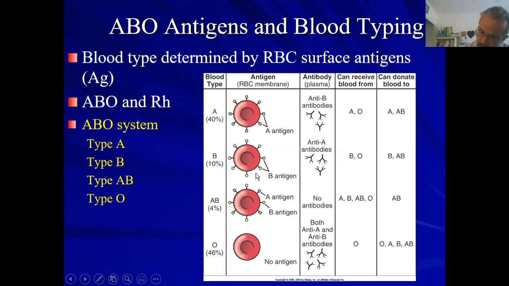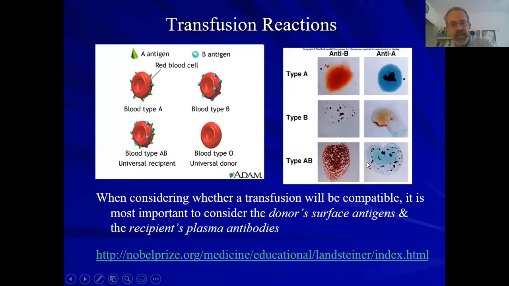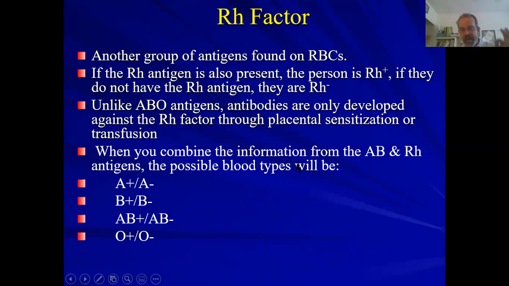If you're B blood, you're already going to have anti-A antibodies. The difference with Rh is you only develop Rh antibodies if you're exposed to someone who has Rh blood type. This can happen through placental sensitization, which I'll talk about, or during blood transfusion.